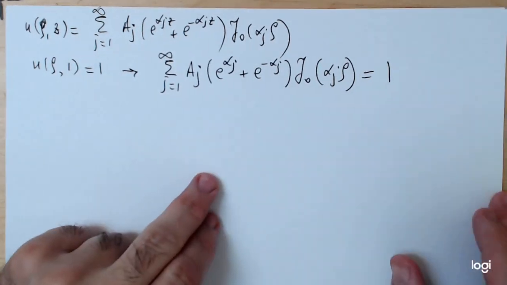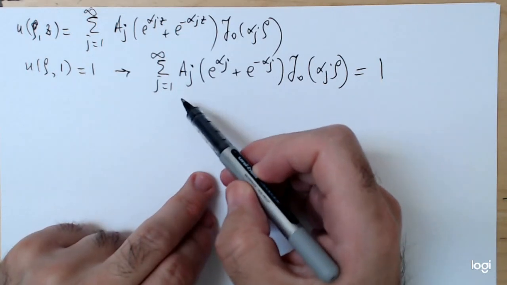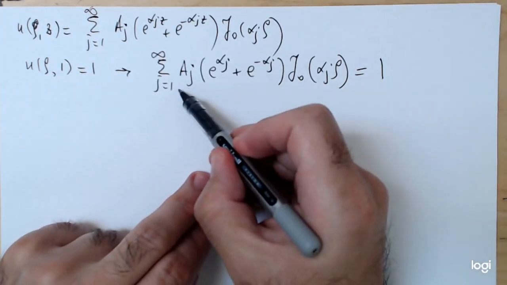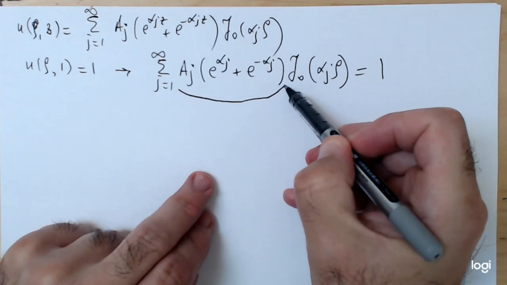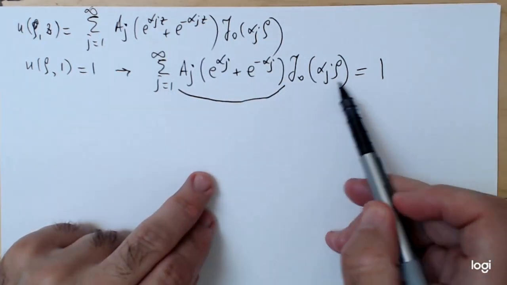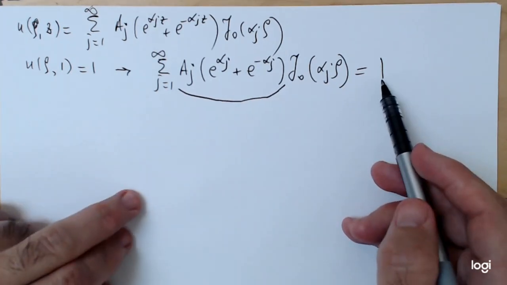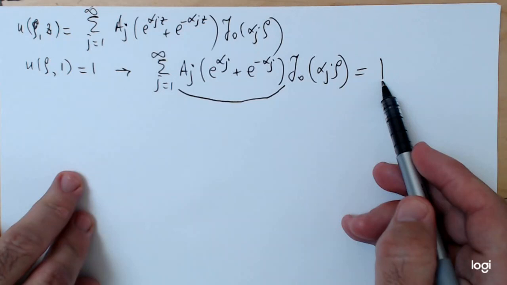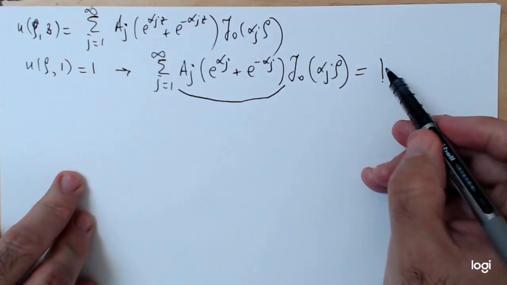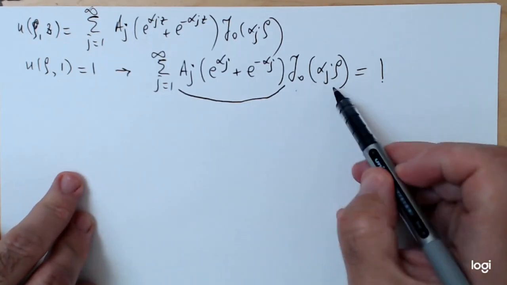So we met this type of situation before. Notice that Aj are not going to be by themselves the Fourier coefficients. Aj together with this parenthesis will be the Fourier coefficient of 1. So now we have to write 1 in terms of a Fourier Bessel series in terms of these Bessel functions.